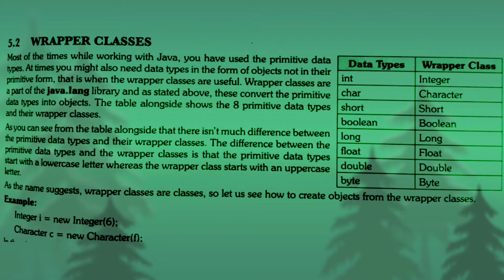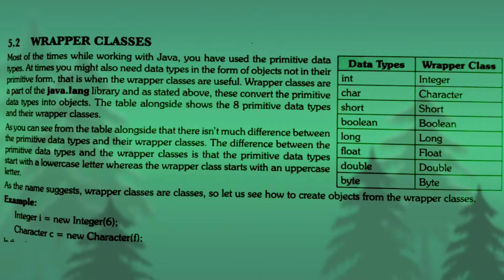Other types of variables are called reference type, and reference type variables store composite values, and the value can be accessed with the help of their memory address. So when you need value type variables in Java, you can use the primitive data types. But if you need reference type variables, then you can use the wrapper classes.